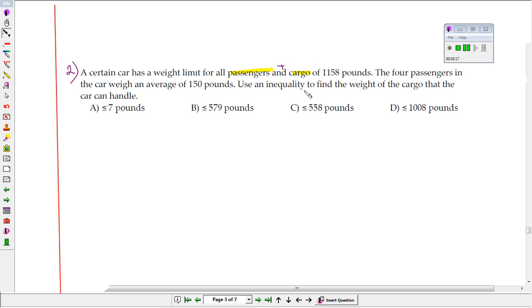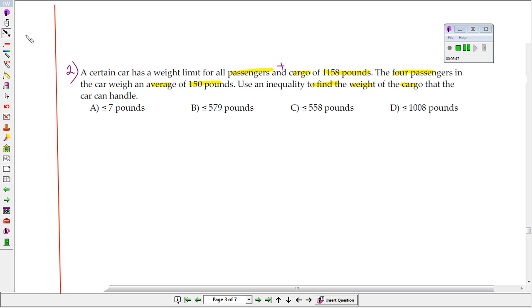I'm going to make a note right here: 1,158 pounds. The 4 passengers in the car weighed an average of 150 pounds, so each person is about 150 pounds. Use an inequality to find the weight of the cargo.